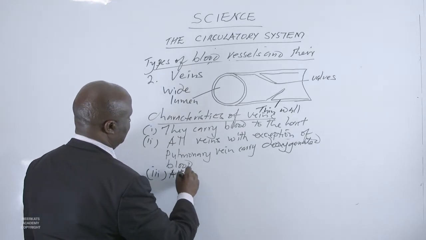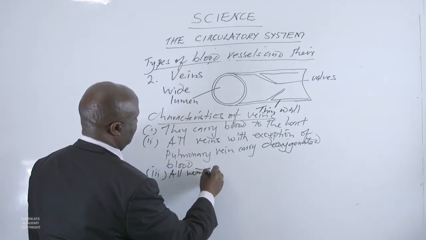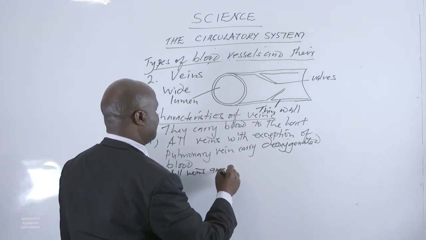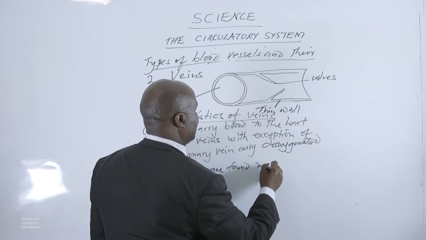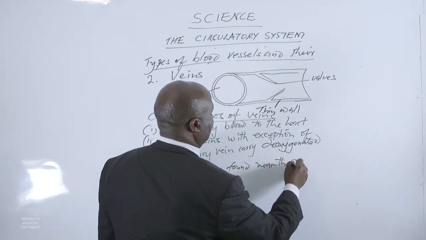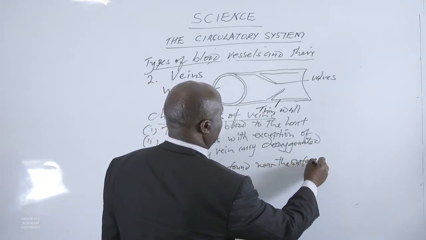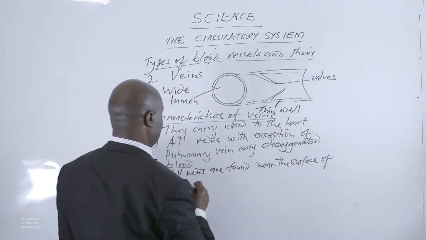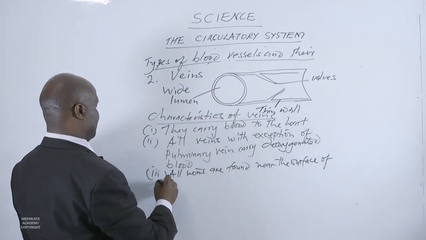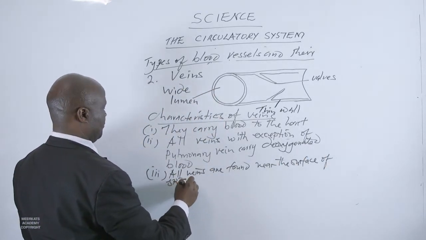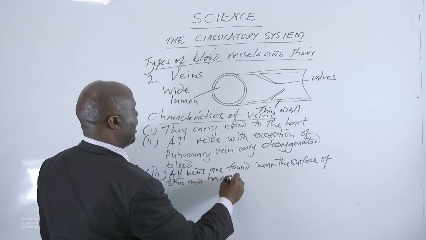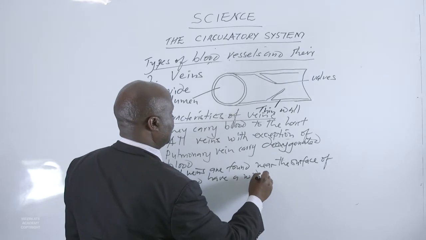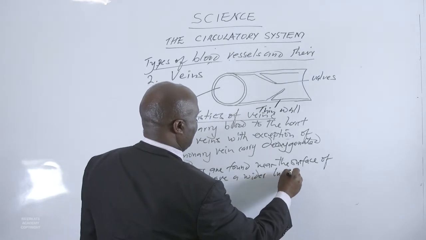All veins are found near the surface of the skin and have a wider lumen.